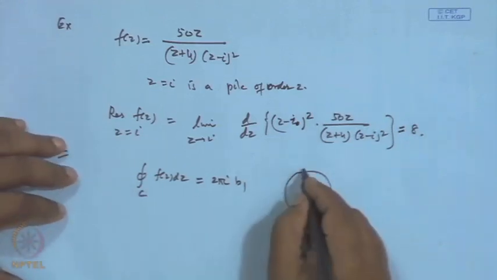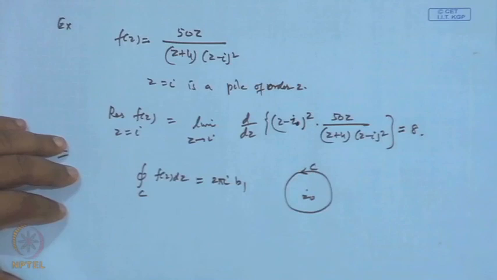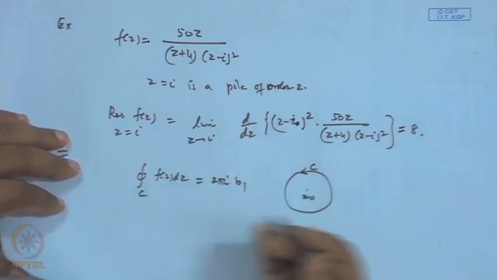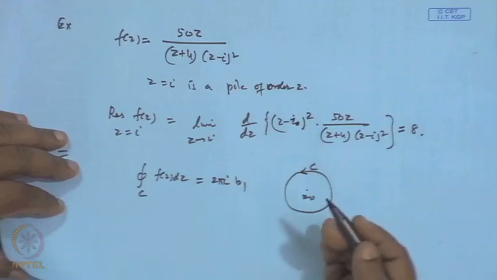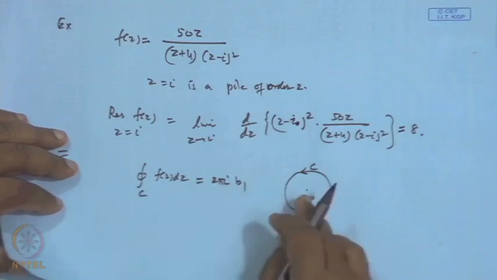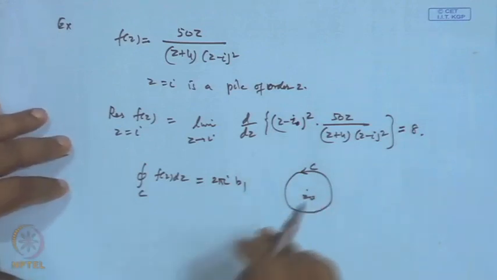However, if this curve C encloses more than one point where the function is not defined or has a singularity, then in that case this formula will not help much. It means first we have to identify the region where the function is analytic, apply the Cauchy theorem to find the integrals, and then only can we get the value of this integral.